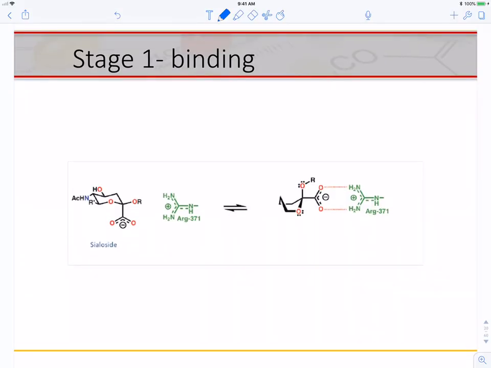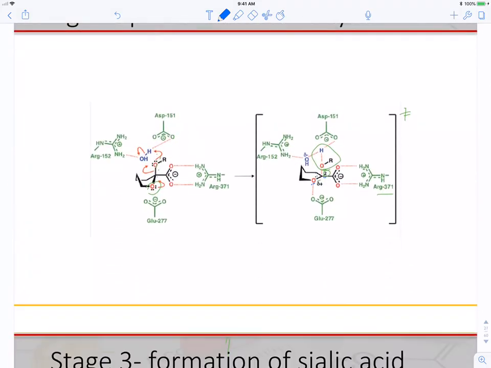So in the first stage, again, we have binding, recognition. In the second stage, we have several things happening. So basically this binding stabilizes the not so stable pseudoboat conformation, and then there is also water in the active site. So we have protonation of the ether moiety here, which is again what keeps the sialic acid attached to the glycoprotein.